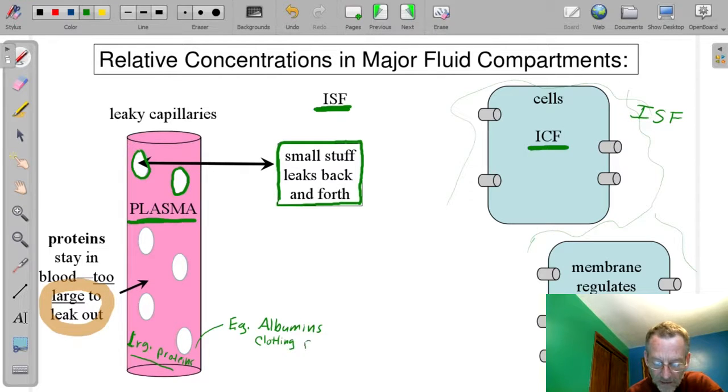Can you name several specific clotting proteins? Fibrinogen, prothrombin, etc. So I'll say give examples of those. Any other major classes of proteins that you can think of that are in the blood? There are the immunoglobulins, the antibodies.